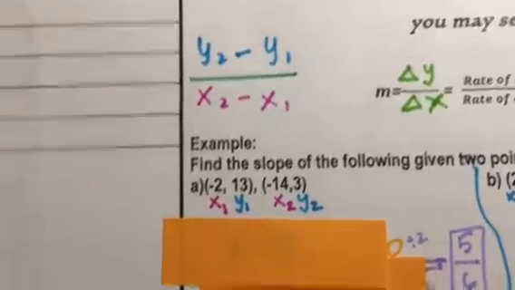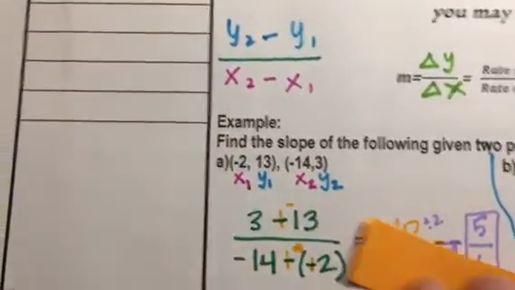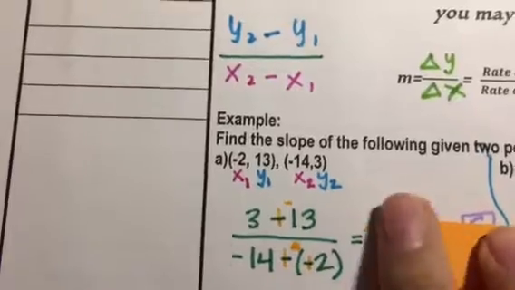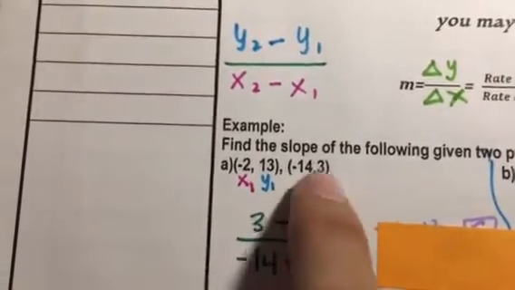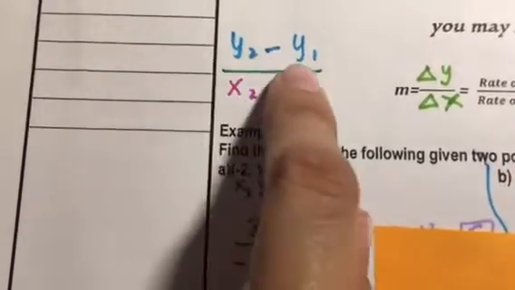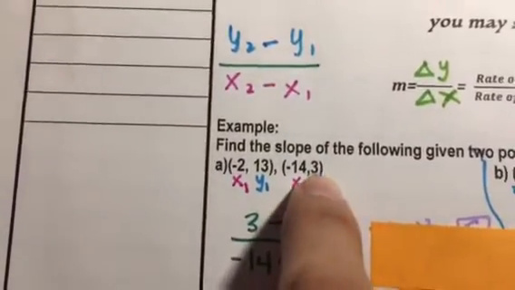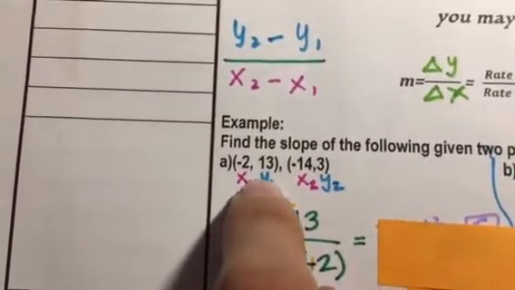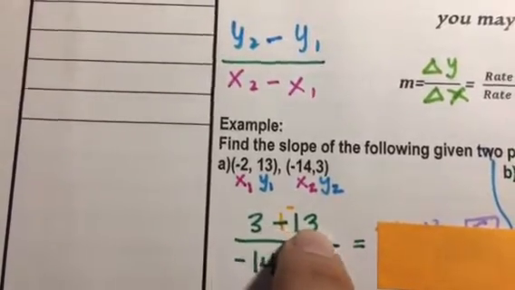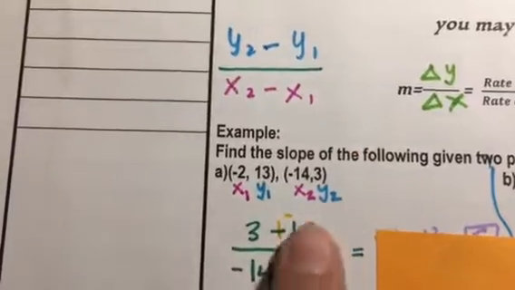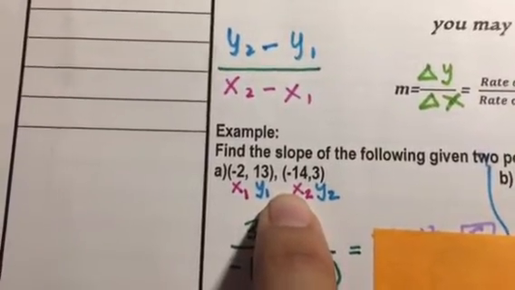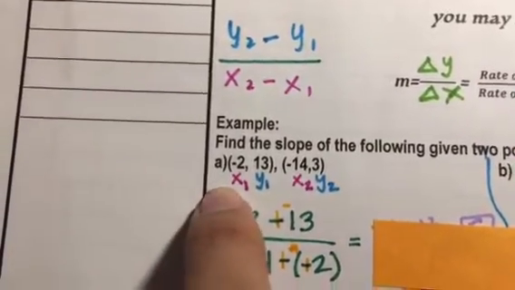Okay, so we're going to plug those in, and here's what it's going to look like. Again, I already worked this one out. So y sub 2 minus y sub 1, which is 3 minus 13. That's what I had in green. And then at the bottom, x sub 2 minus x sub 1: negative 14 minus negative 2.